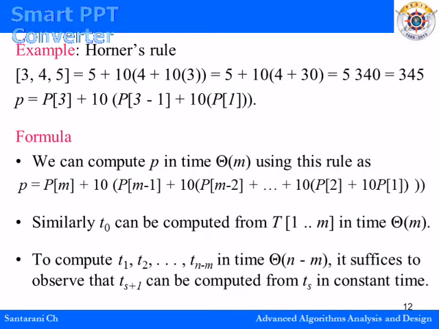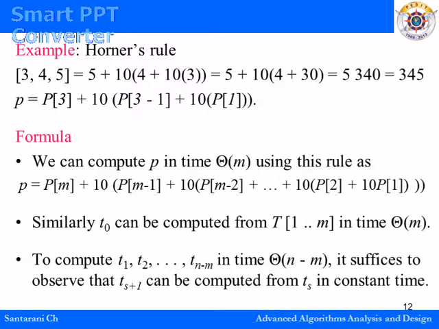As we all know, Horner's rule provides a formula using a precondition and a postcondition. Here, in this example, we consider the decimal digits 3, 4, and 5. It can be constructed as 5 plus 10 times (4 plus 10 times 3), and finally we get 345. That is, p equals the lowest order digit plus 10 times the next higher order digit, plus 10 times the next.